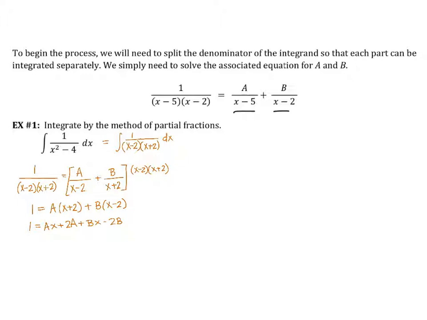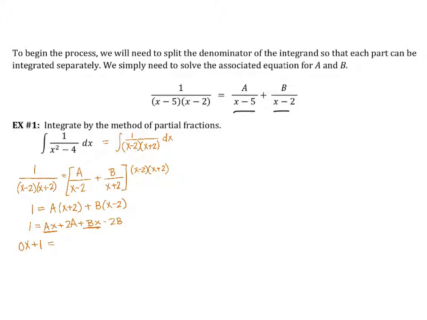Now, if we collect our terms, notice here and here, you've got some value times x, but I don't have that on the left side. So it's safe to say that if it's not there, we had 0x plus 1.